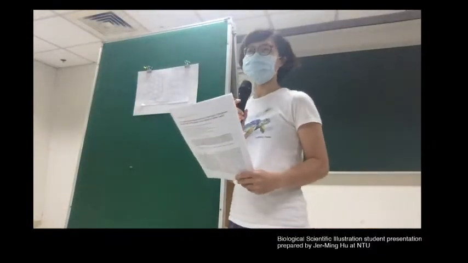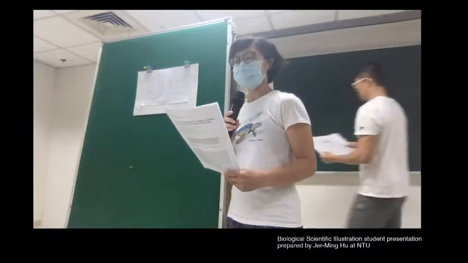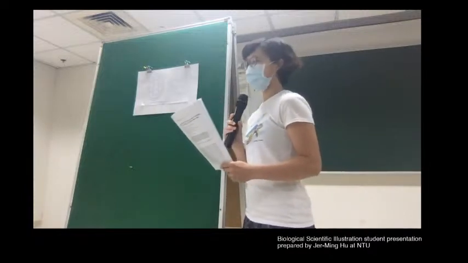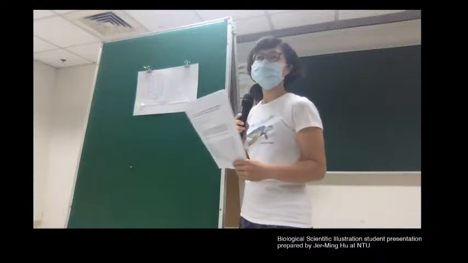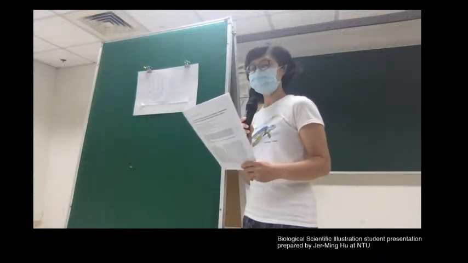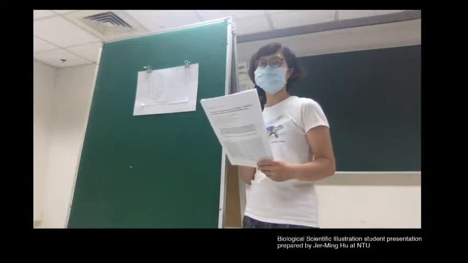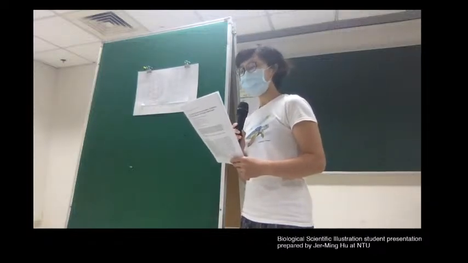Hi, I'm Liao Yiru from Life Science, and my work, although it's hands-on, is a reconstruction of a fossil tortoise, Manouria oyamai. It was published in 2003, and this fossil was found in Okinawa, the Ryukyu Islands, and is aged around 20,000 years.